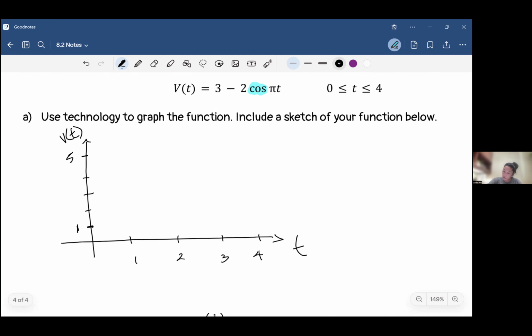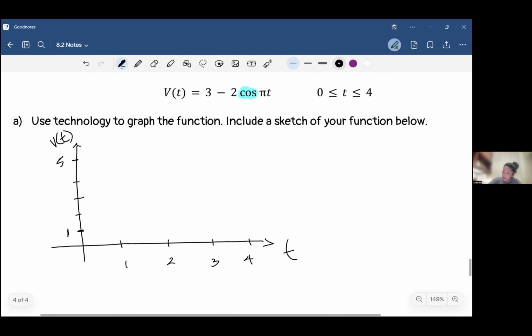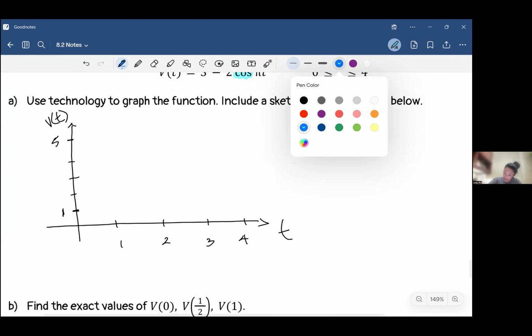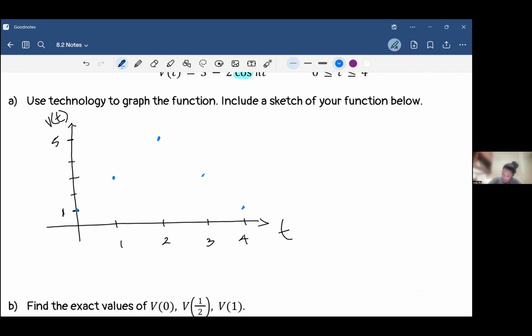And if you look at your graph, it looks something like this. So it's going to start at 0, then it's going to go to 3, and then to 5, and then to 3, and then to 1. And so we end up with something like this.